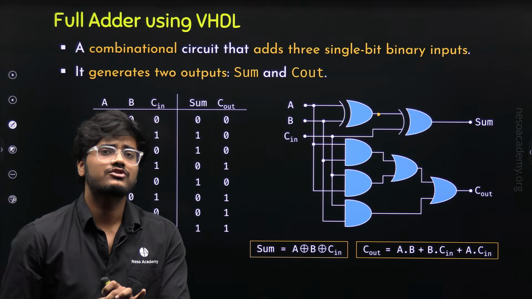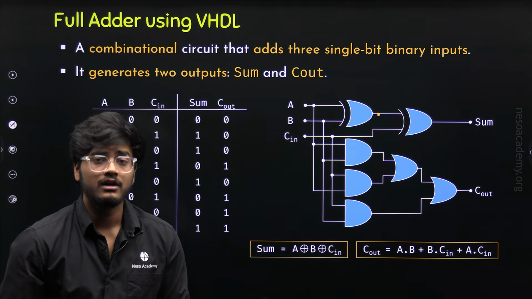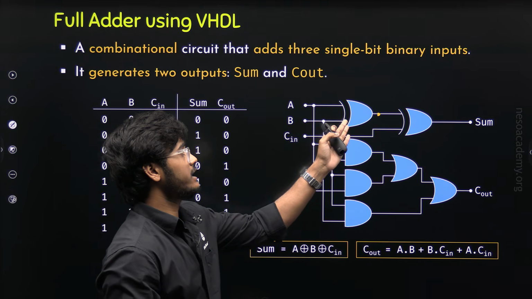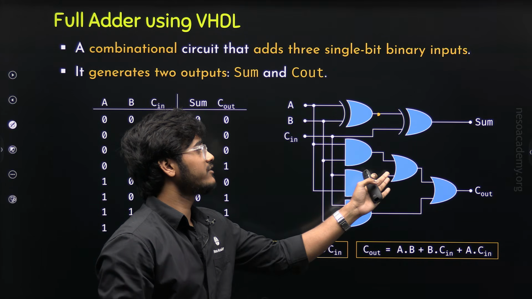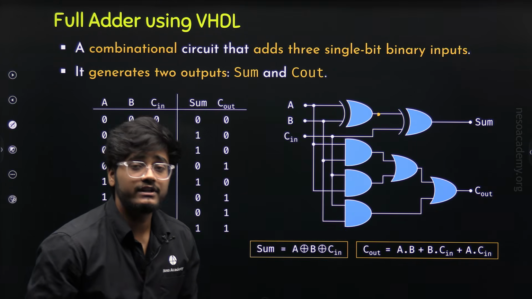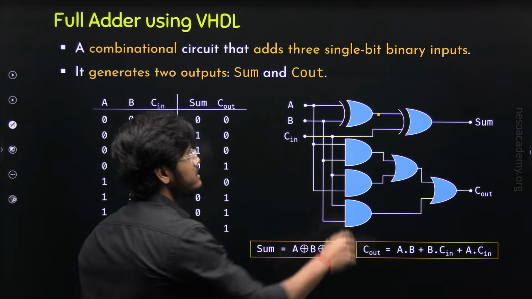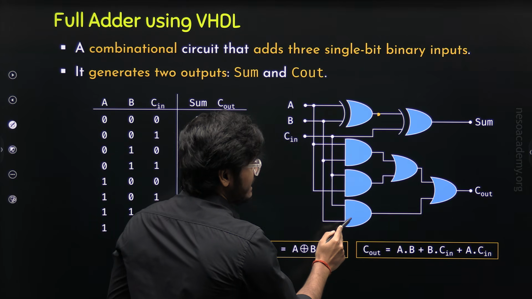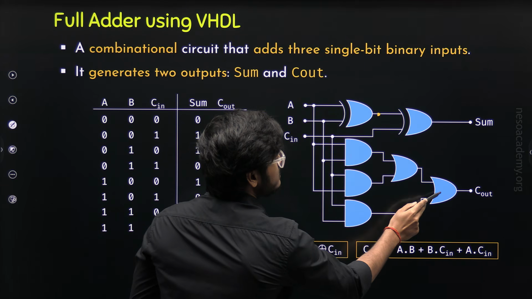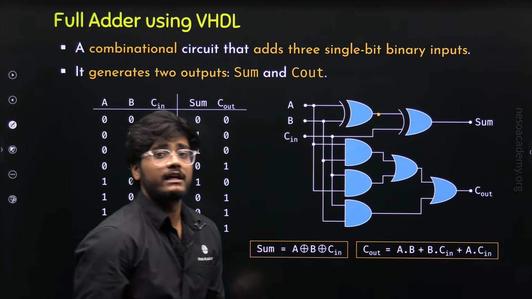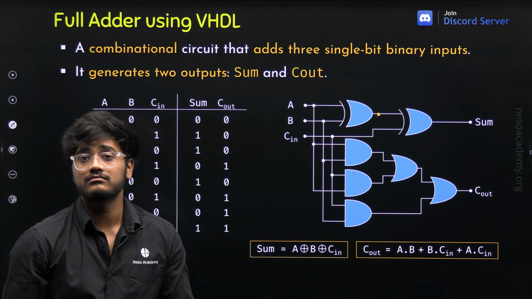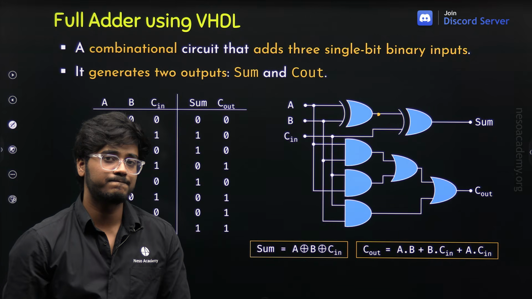If we use structural modeling, then first we need to create separate files for XOR gate, AND gate, and for OR gate. Then we need to create 2 instances for XOR gate, 3 instances for AND gate, and 2 instances for OR gate. Then with the help of port mapping, we need to connect them to create the full adder, which is again very lengthy.